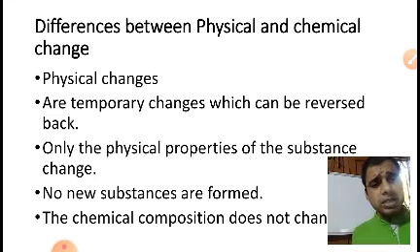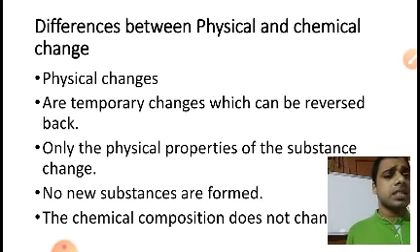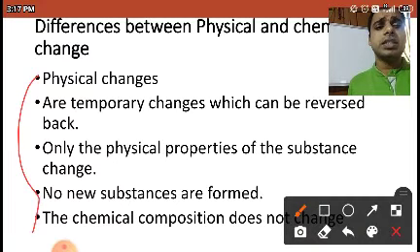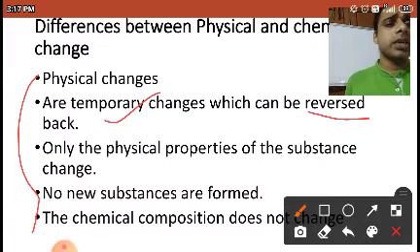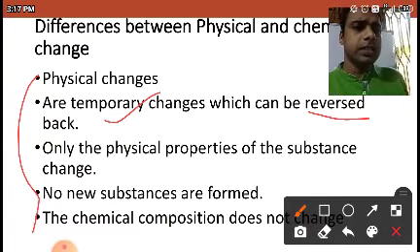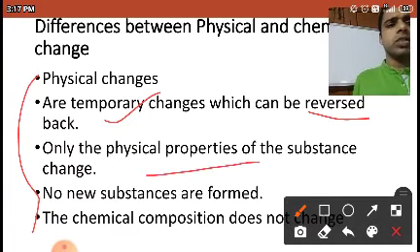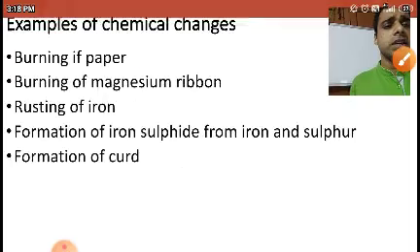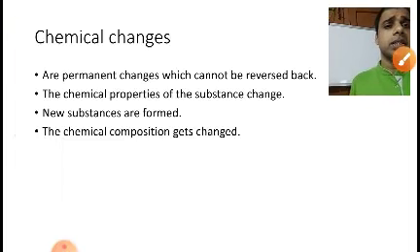As we discussed physical changes in the previous class, here I have written that physical changes are temporary changes which can be reversed. Only the physical properties of the substance change, and no new substance is formed; the chemical composition does not change. But chemical changes are permanent changes. The chemical properties of the substance change, new substances are formed, and the chemical composition changes. These are the differentiating points between physical and chemical changes.